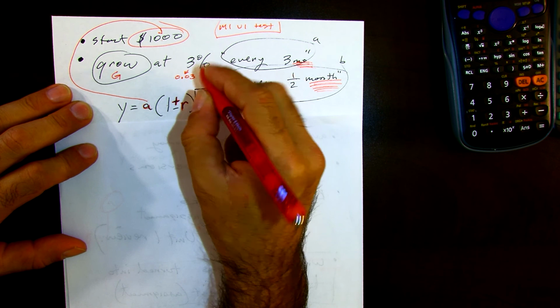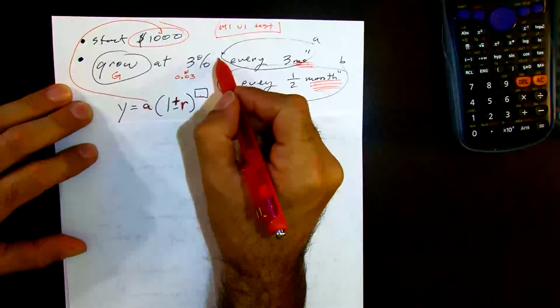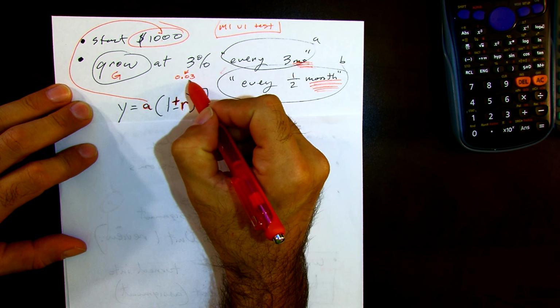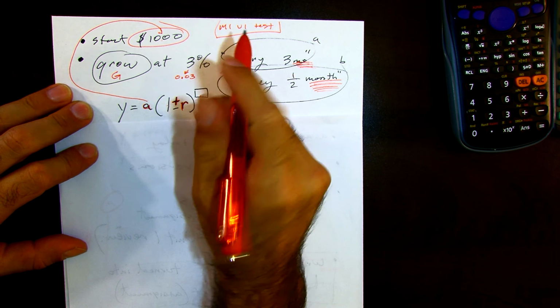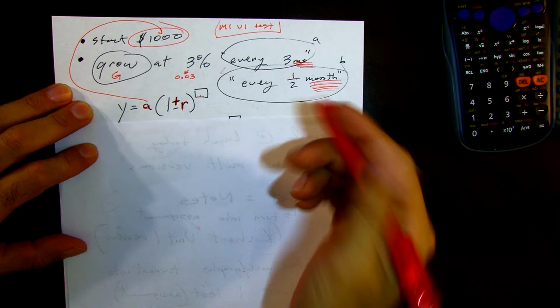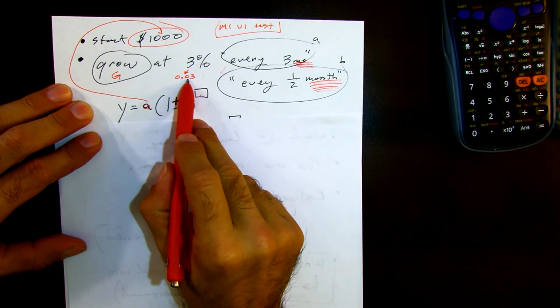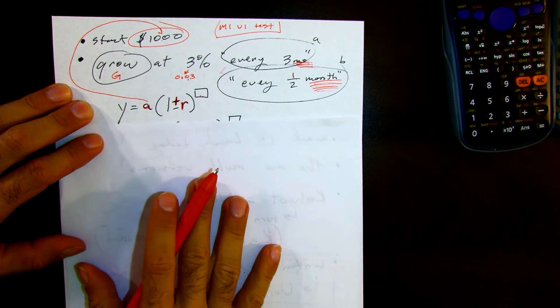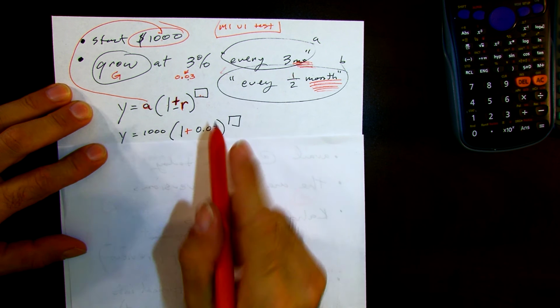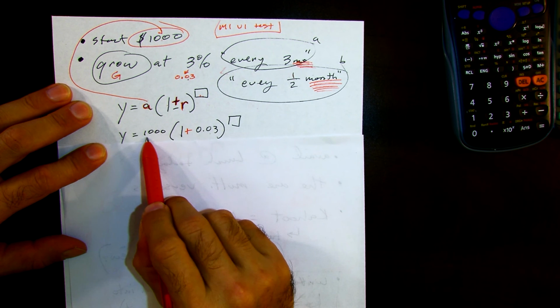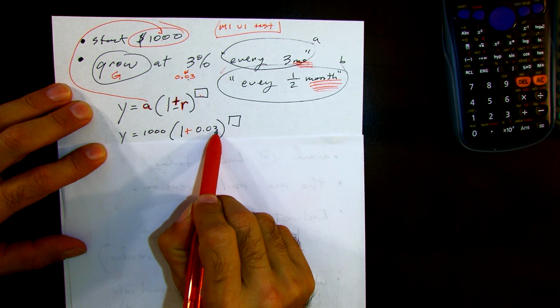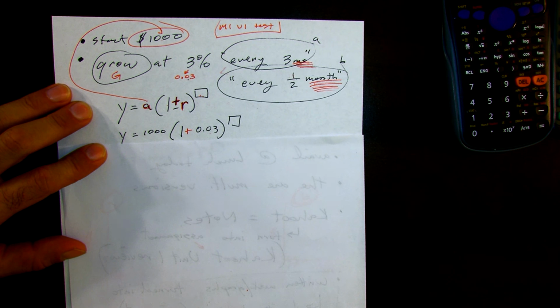So 3%, percent is per 100. So 3 cents, 3 hundredths. Percent and cents are related. They have that same root of cent. That's 100. So 3%, it's going to be 1 plus R, which is 3%. So we have 1,000, 1 plus 0.03 to the box. We leave it as a box because we're going to figure that part out next.